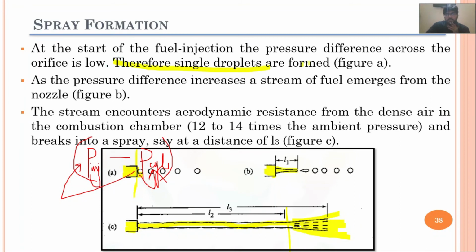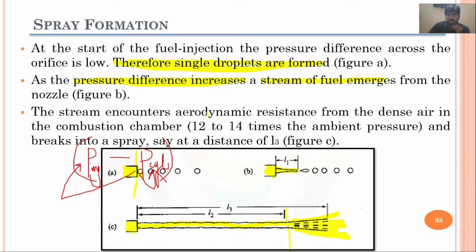Therefore single droplets are formed as shown in figure A, and as the pressure difference increases, a stream of fuel emerges as shown in figure B. Now further increasing this pressure difference would increase the length of this stream.